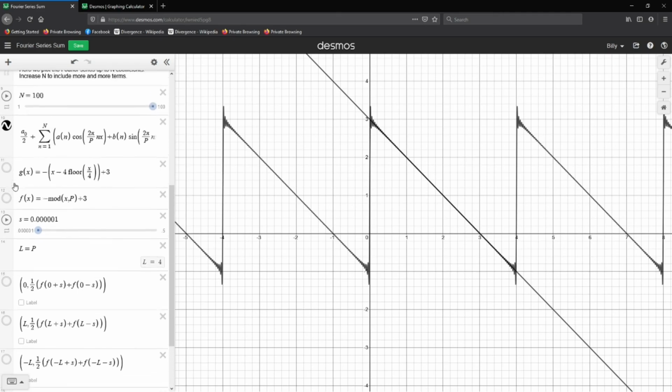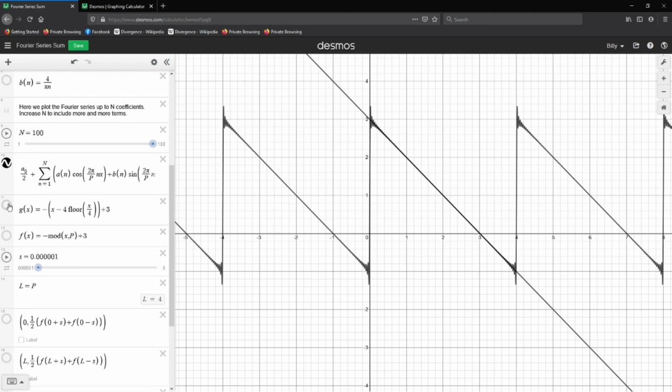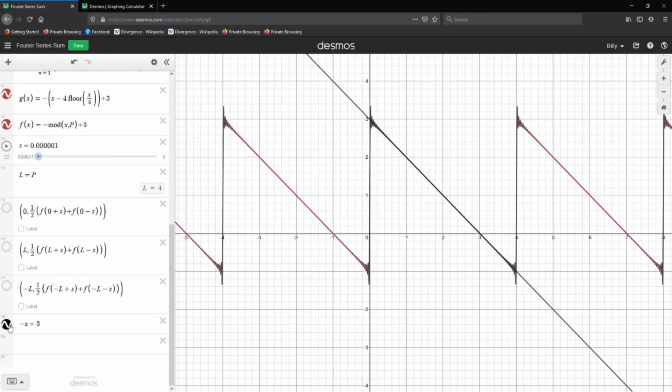You can take a look at the actual value of the sawtooth function itself if I color it in red. You can see the sawtooth function, the old function negative x plus 3, matches the sawtooth function in this interval. It's exactly matching, and the Fourier series is converging to this.